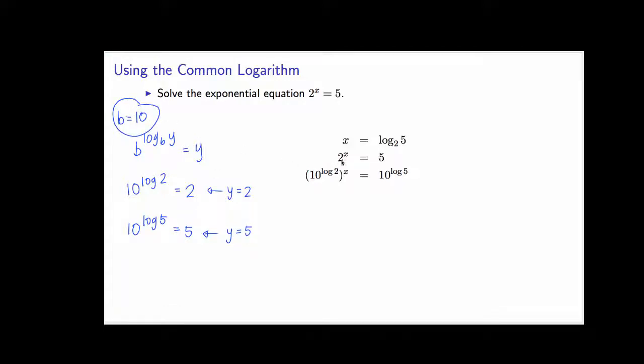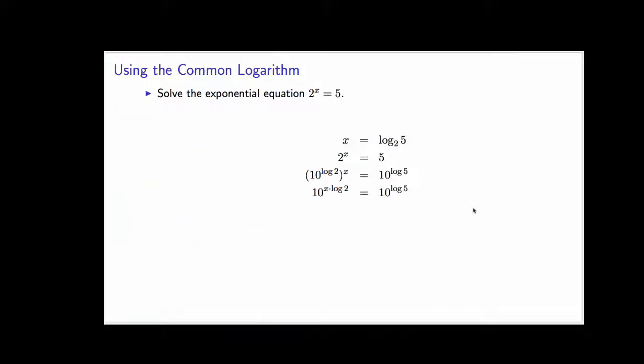We'll do that to replace on the left-hand side 2 with 10 to the log 2, and 5 with 10 to the log 5. So 2 to the x becomes 10 to the log 2 all to the x, and our 5 is just 10 to the log 5. Now we'll use our properties of exponents, and we know that the log 2 and the x multiply, so we get 10 to the x times log 2 is equal to 10 to the log 5.